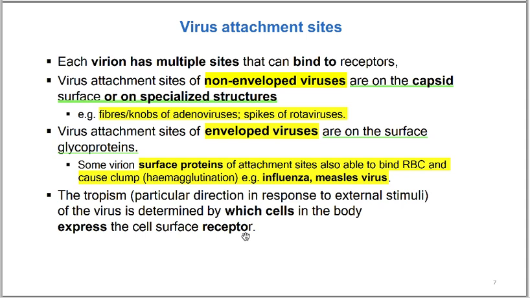Favorable environment means expressing a receptor so that this receptor can be recognized by the virus. Also, some cells release some chemicals, and the virus is attracted toward those chemicals, and this is called tropism. Because of those, the viruses are tissue specific, and a virus can bind or attach in particular tissues in our body.